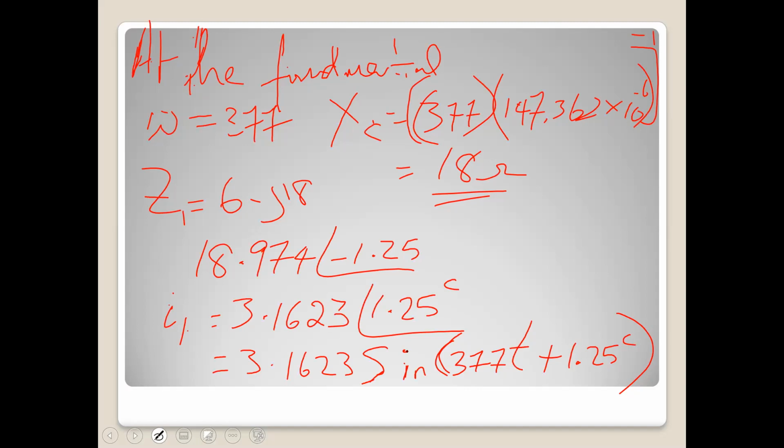All right, so we go to the second harmonic. For Z, because it's a capacitor, when I increase the frequency, we expect Xc to be reduced.